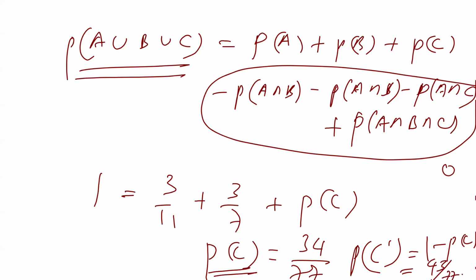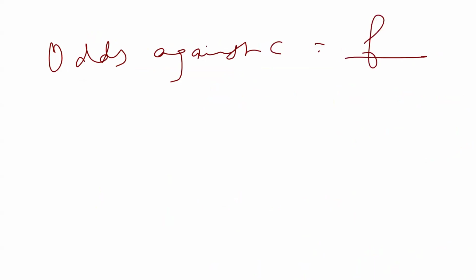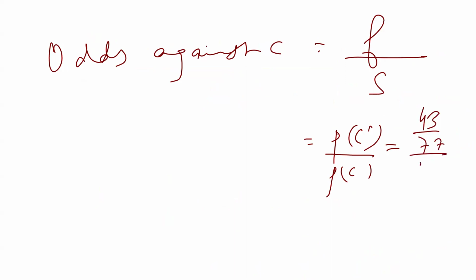So this time they are asking odds against. So odds against C is equal to failure upon success, or probability of failure upon probability of success. So probability of failure is 43 by 77 and probability of success is 34 by 77.